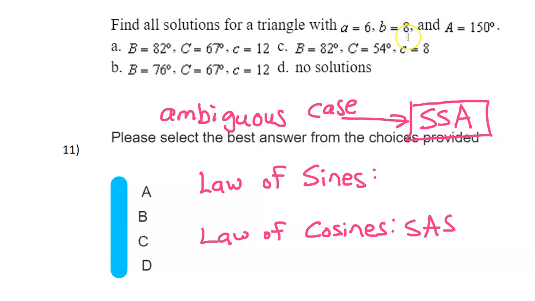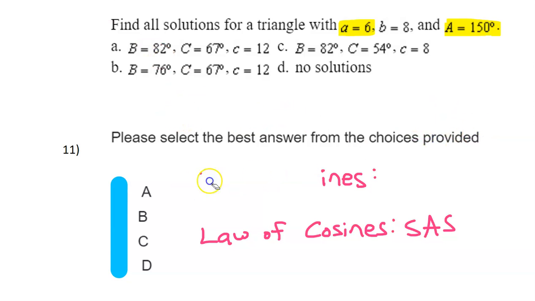I've sort of memorized that if it comes down to either side, side, angle or side, angle, side, look and see if the side and the angle match. If you have a match, it's going to end up being side, side, angle. So this is going to be the ambiguous case. We're going to have to use the law of sines.